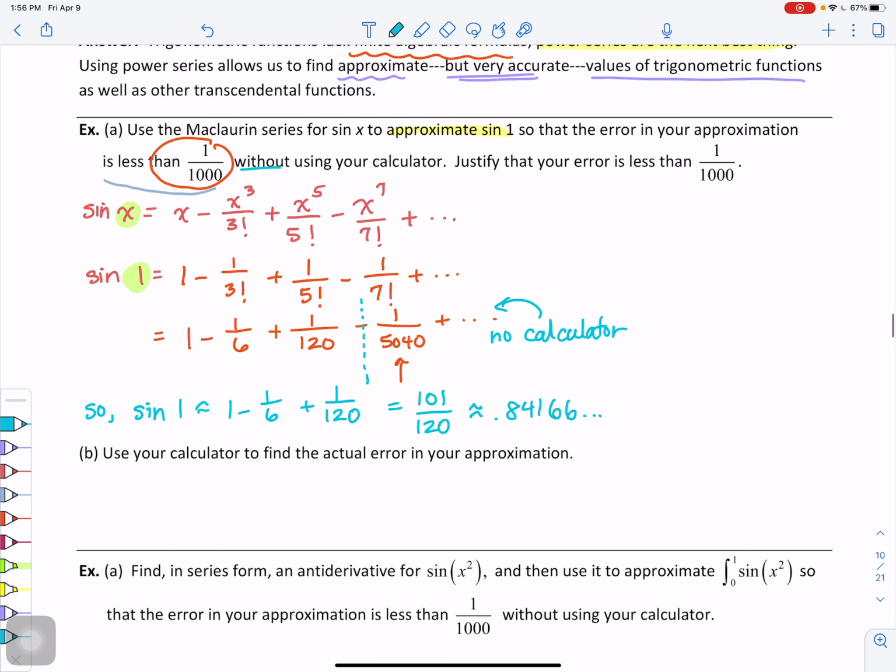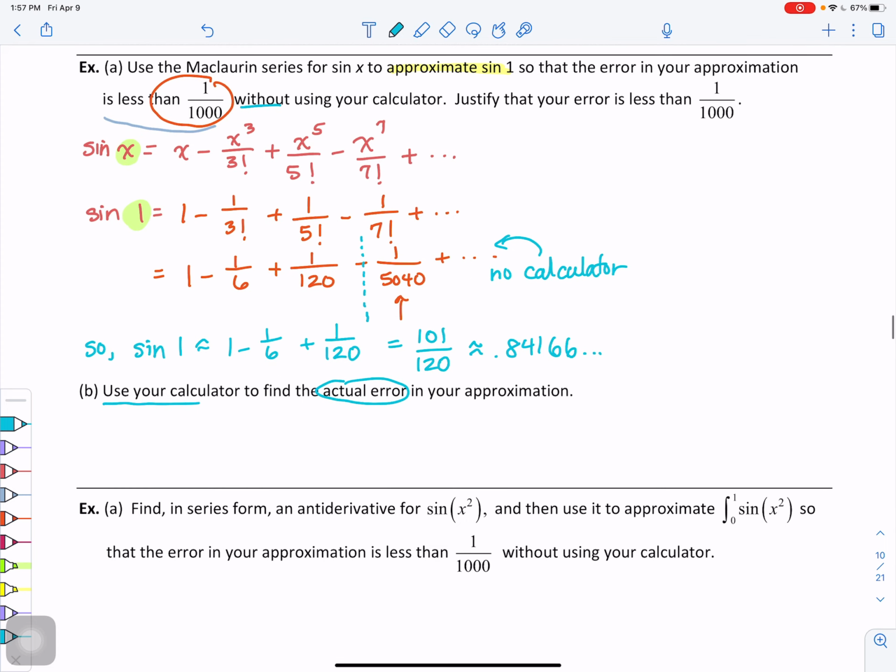Okay? So now what could we do? We could use our calculator to find the actual error in our approximation. So the sine of 1 is actually equal to 0.84147.